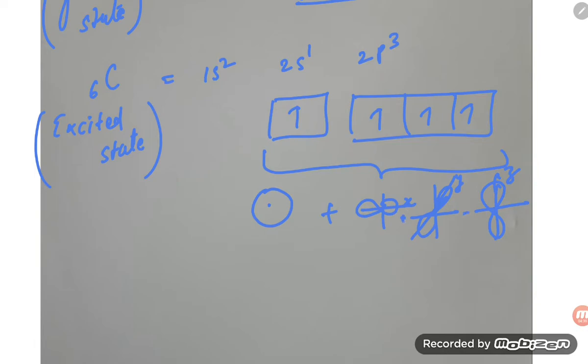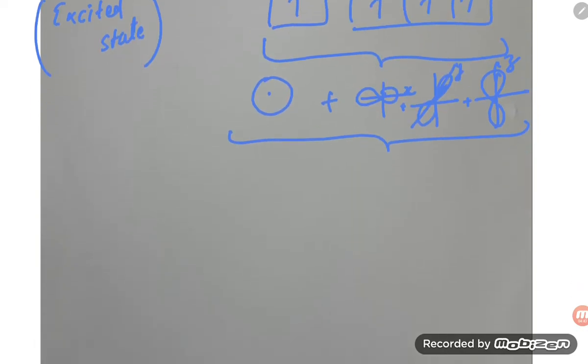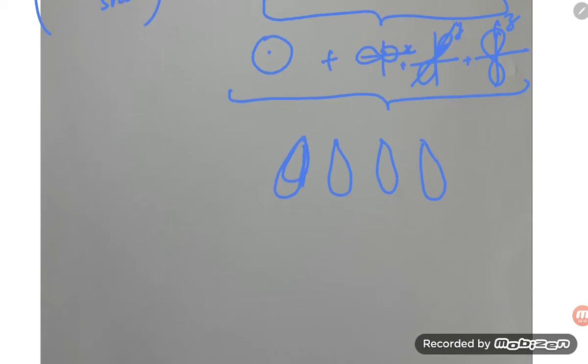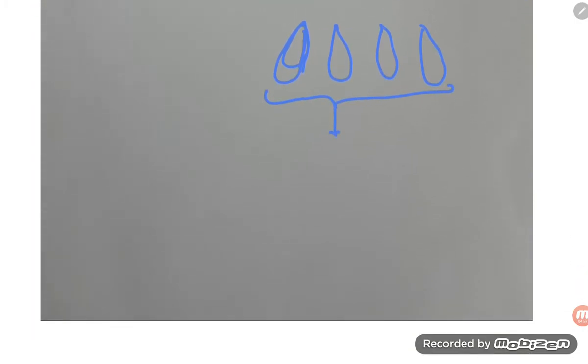They all get intermixed and form 4 new orbitals of equal shape and equal energy. These 4 new orbitals orient themselves in a tetrahedral structure.